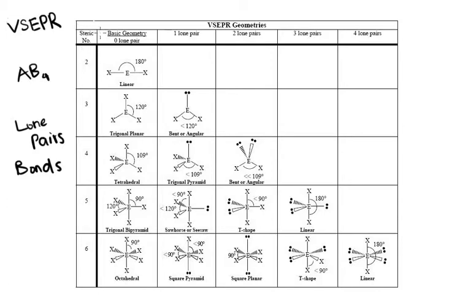And the way this whole chart is situated is through something called steric number. Steric number is essentially the number of lone pairs and the number of bonds surrounding a central atom.